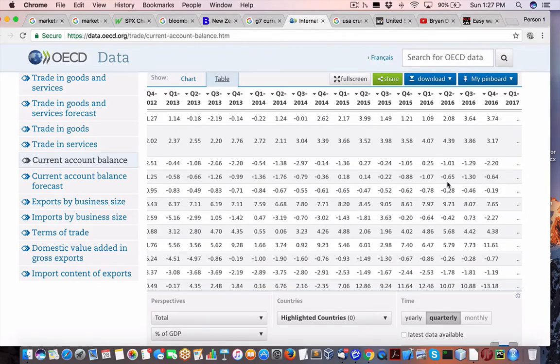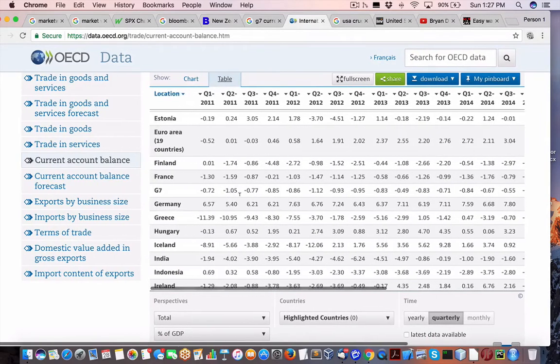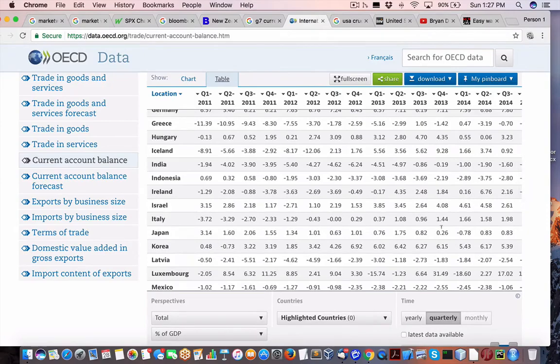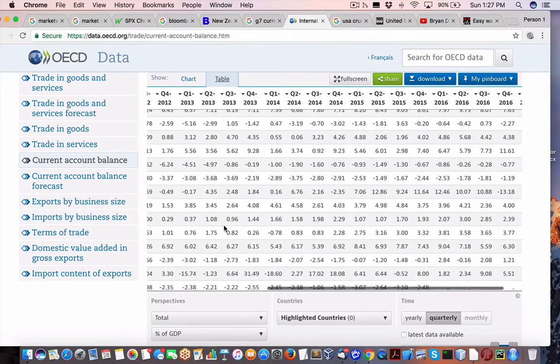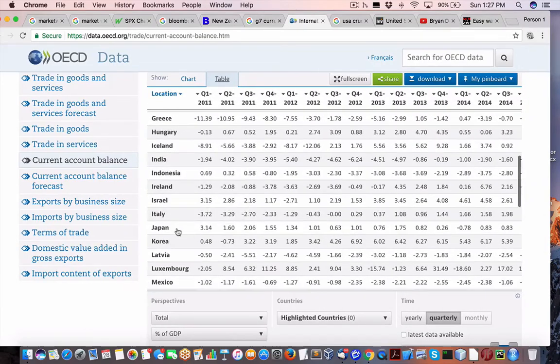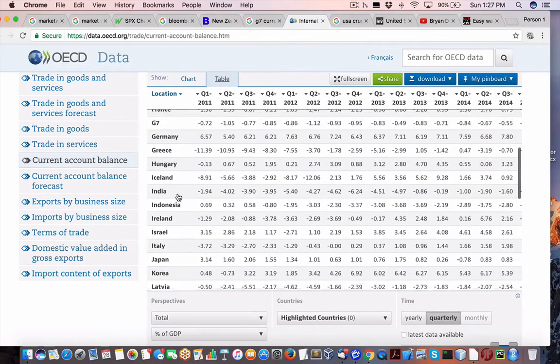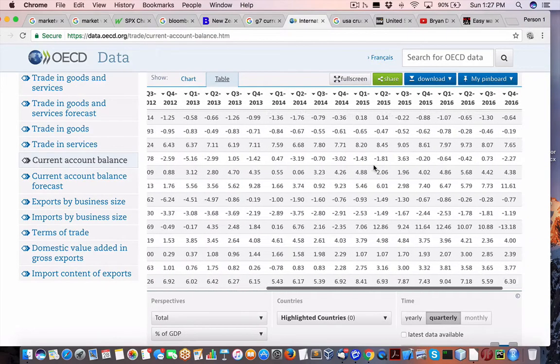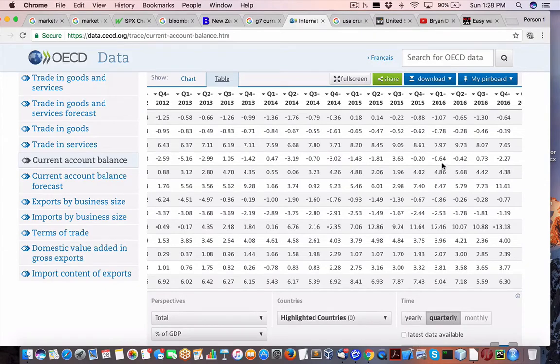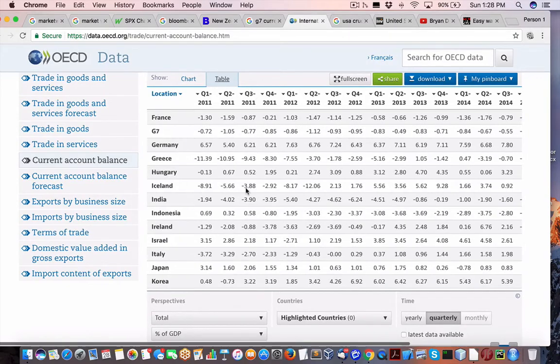They're nowhere as bad as the UK, let's say, or the US. Then we have Italy. They seem to have it together, even though it's weird. Maybe Greece is in here. Look at Greece. -11, -10.95. That's insane. Slightly getting better. They are definitely controlling their economy.